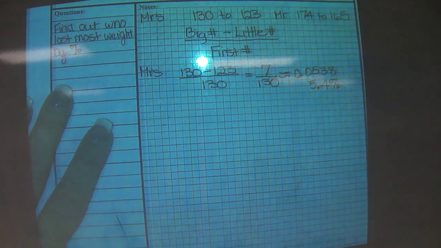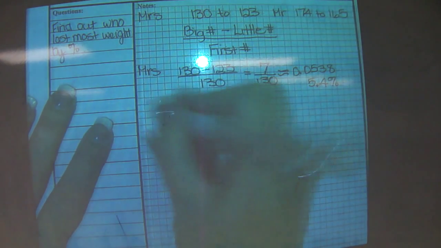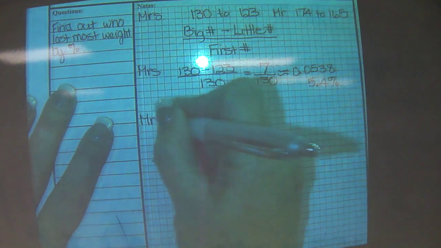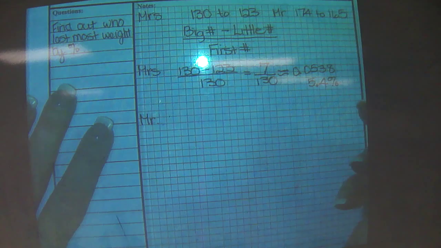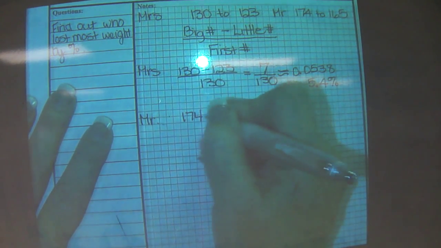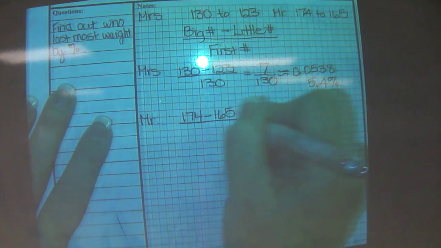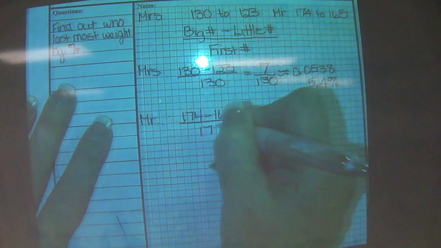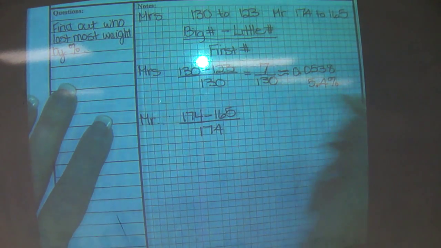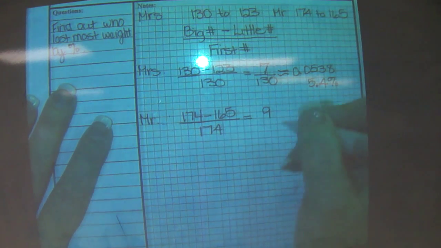Okay. Mrs. Quark lost 5.4% of her body weight. We do the same thing for Mr. Quark. So big, where did he start? 174 minus 165 over where he started, which was 174. Big minus little over first. So he lost 9 pounds. So did he win?